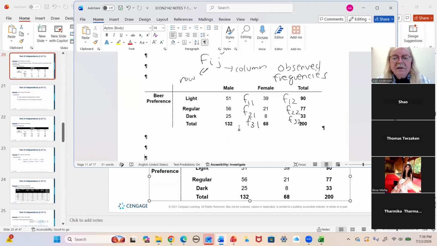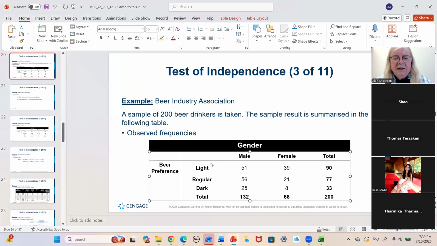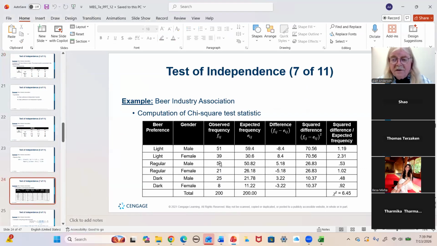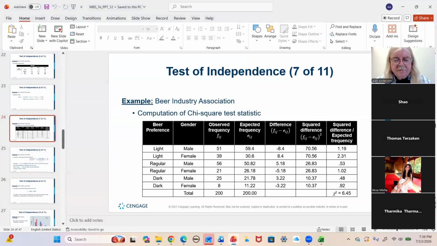So in order to construct the test statistic, but it's a lot of work. Instead, we're going to do this.